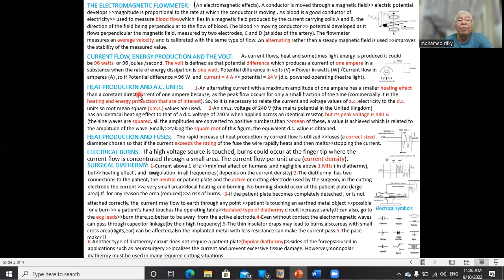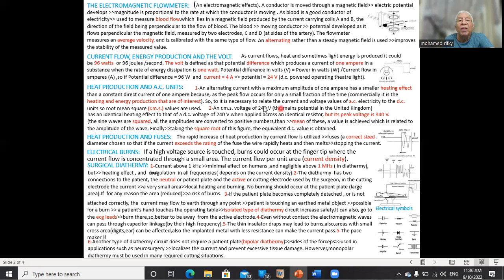Now we come to the heat production and the alternating current units. Of course, alternating current depends upon creating a sine wave. Whenever I want to evaluate the current, I must keep in mind its heating effect, so that I can benefit from it.